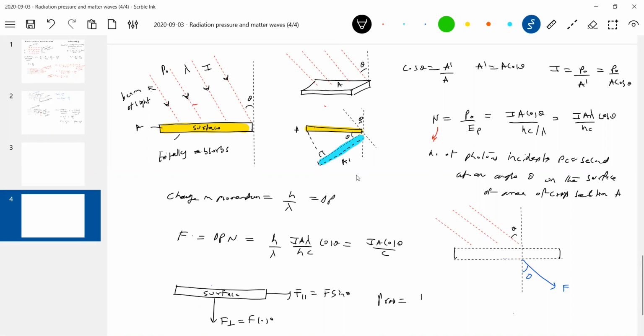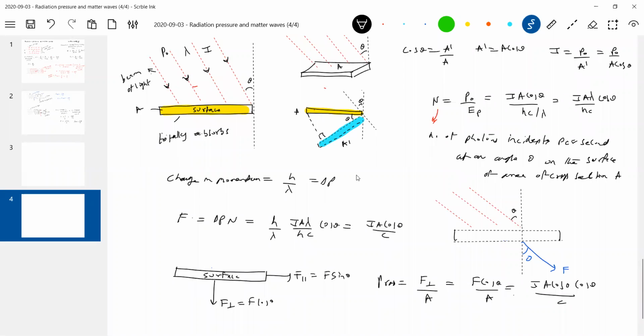We define it as normal force per unit area, so this will be F cos theta by A. What is F? We have this much, I A cos theta by c. So the radiation pressure is equal to I cos square theta by c.